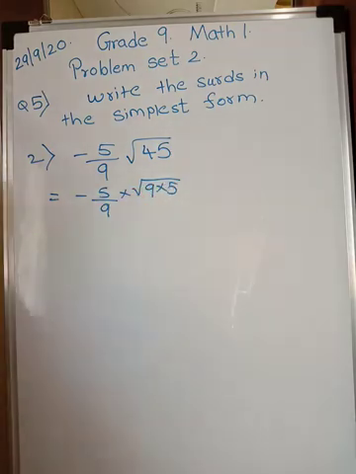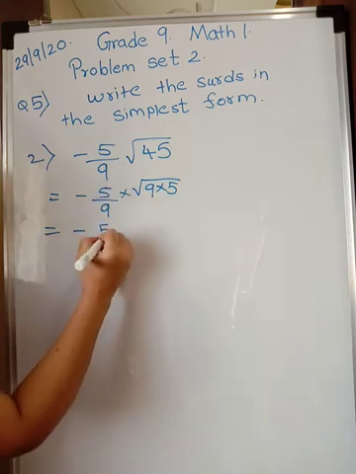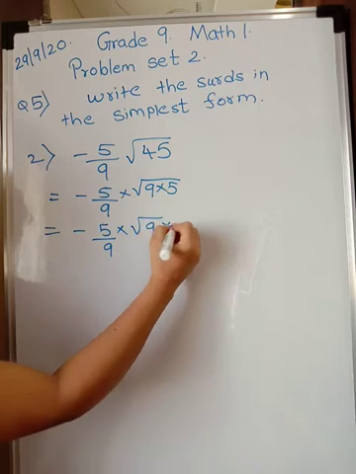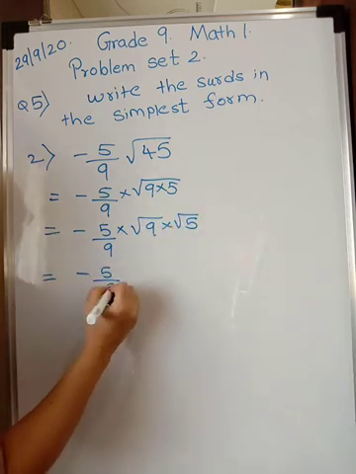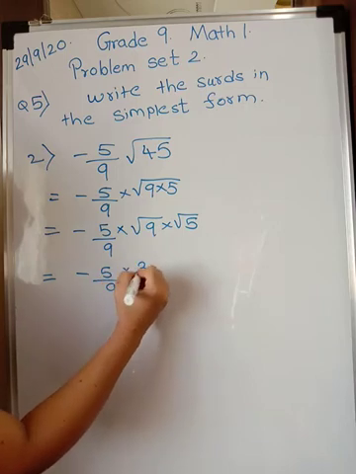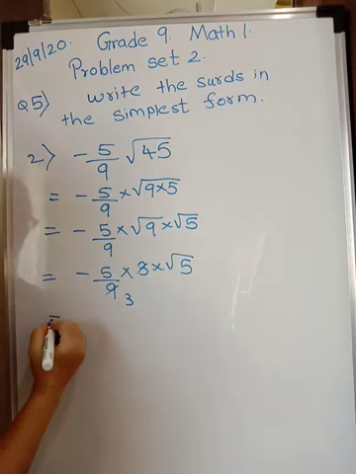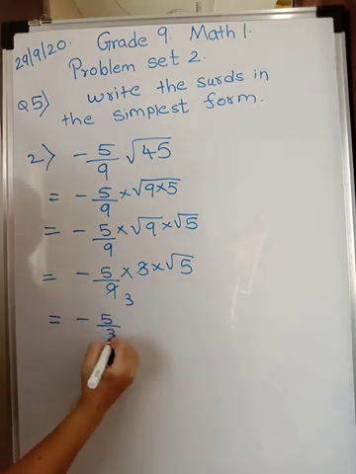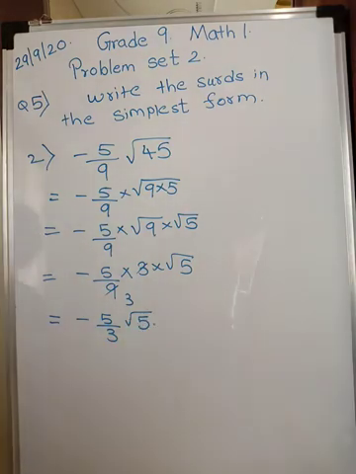Choose such that one term is a perfect square. Alright. So this will be equal to minus 5 upon 9 into root 9 into root 5, which is equal to minus 5 upon 9. What is root 9? 3 into root 5. 3 ones are 3 and 3 threes are 9. So what did you get at the end? Minus 5 upon 3 root 5. This is the simplest form of the surd. Easy now? Let's go to the next question.